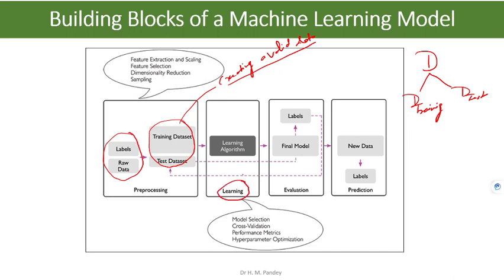In the learning process, you will make a model learn, which means you are going to implement machine learning algorithms, and then you will train your model by applying several steps which you can see here. Once the training is done, you will consider that model as your final model, and then you will use your test data to test the working of this model.